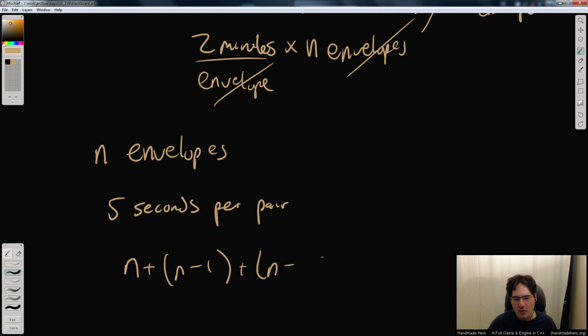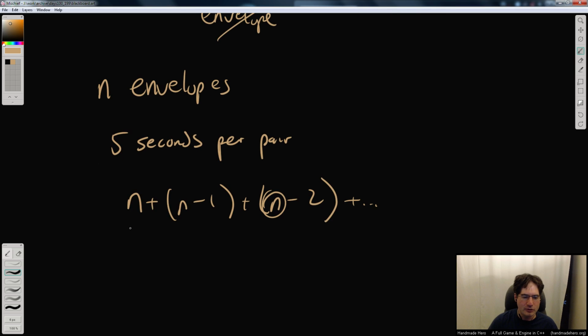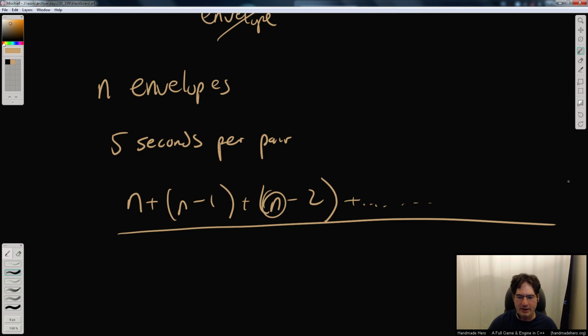And we'd keep going all the way down, until we got all the way down to 1. In other words, we have to do n minus 1, n minus 2, n minus 3, n minus 4, n minus 5, until we got all the way to the end. And if you look at what happens as this goes out and out, depending on how big n is, if I were to add up all of the n's, if I distribute here, I'd get n, plus n minus 1, plus n minus 2.